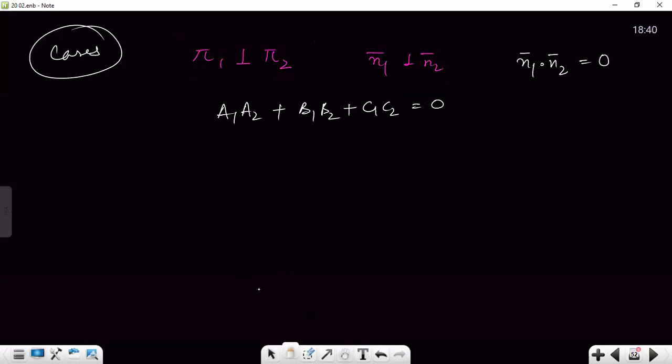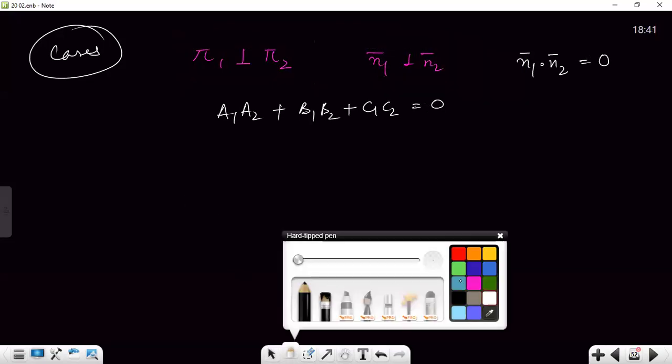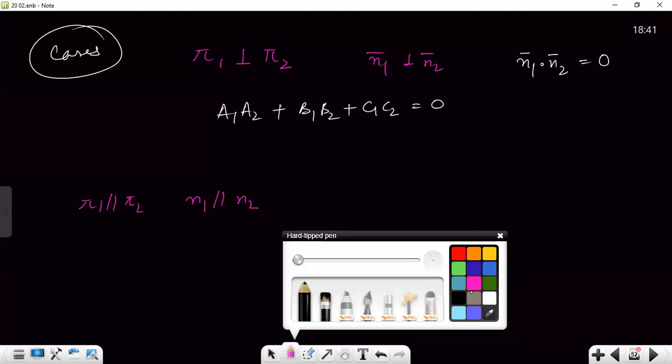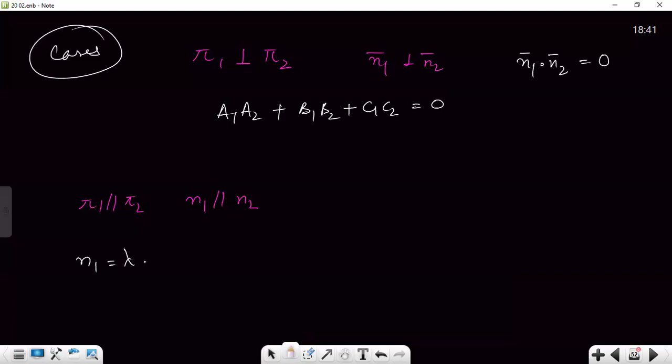Case number 2: if the planes are parallel or have the same direction, their normal vectors will also be parallel. If normal vectors are parallel, we know n1 equals lambda times n2, which means their direction ratios will be proportional, equal to some scalar quantity. These are two important cases.